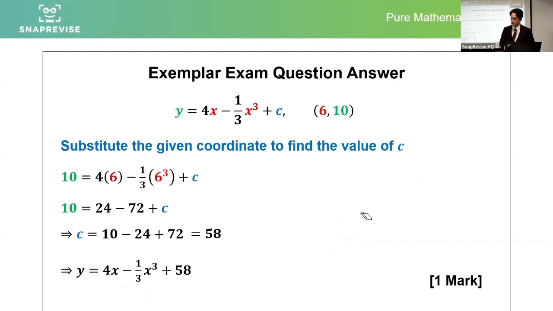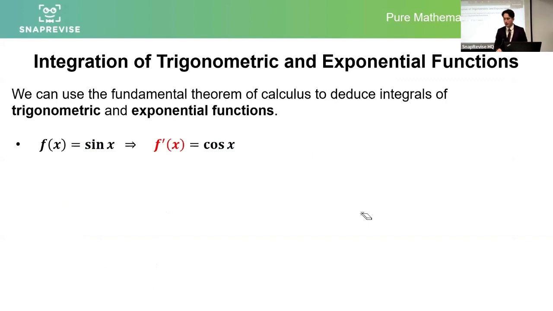Now, let's look at integration of trig and exponential functions and just some standard integrals that we can be aware of. This really does mean we need to be confident at differentiation so that we can reverse the process. So sine x we know differentiates to cos x.